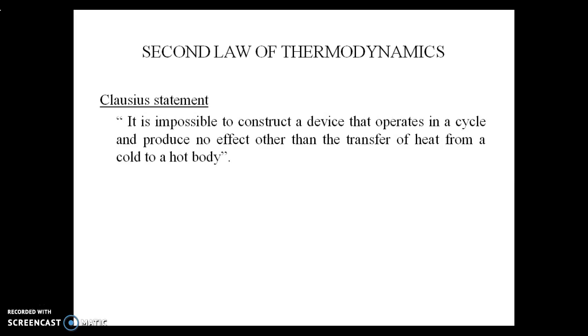It means it is impossible to construct a device, meaning the refrigerator, heat pump or air conditioning device, that operates in a cycle. That means within the refrigeration system there is a cyclic process, and the system produces the only effect of transferring heat from the cold body to the hot body. This is the Clausius statement.